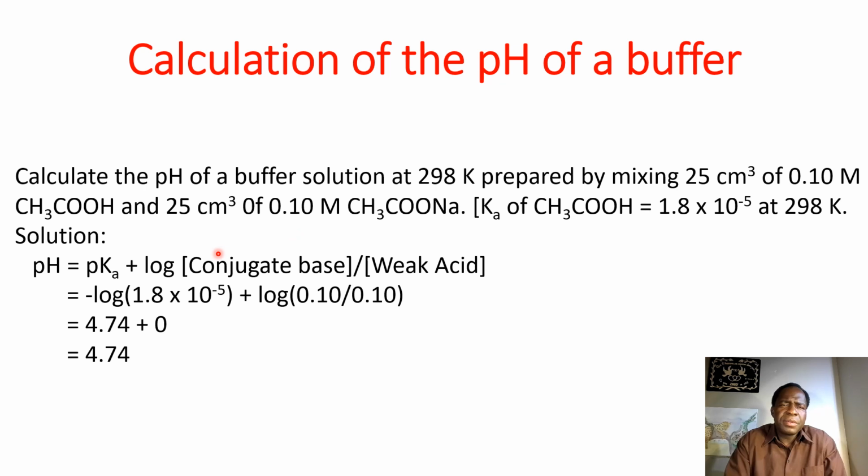The next slide is about the calculation of the pH of a buffer. We have a sample problem here. I'm going to read it: calculate the pH of a buffer solution at 298 Kelvin, prepared by mixing 25 cubic centimeters of 0.10 molar acetic acid and 25 cubic centimeters of 0.10 molar sodium acetate.